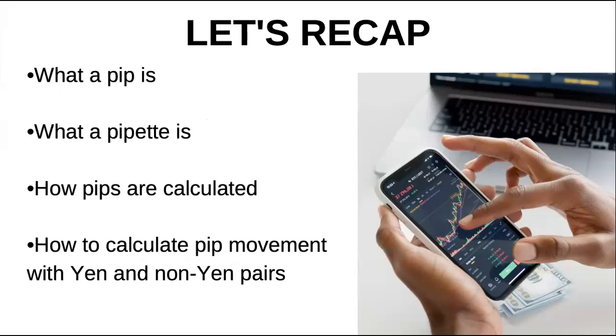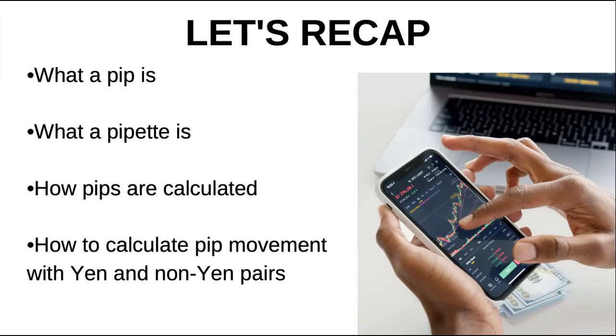So by now you should understand what a pip is, what a pipette is, which is also referred to as ticks, how to calculate your pips, and also how to calculate pip movement with a yen and a non-yen pair.